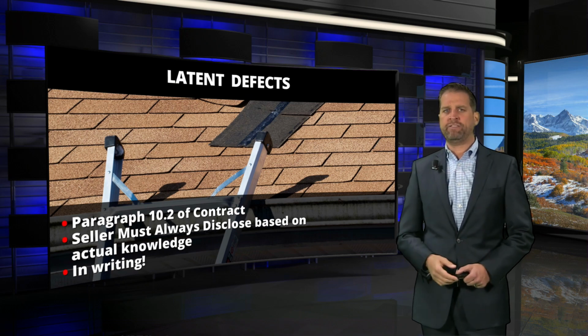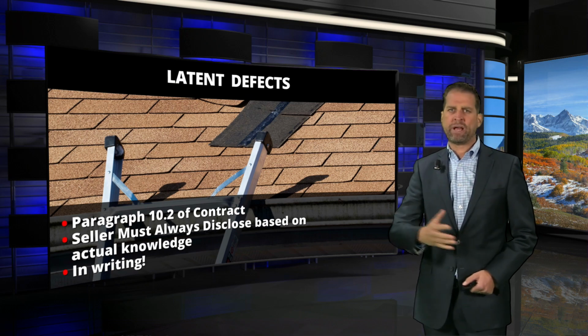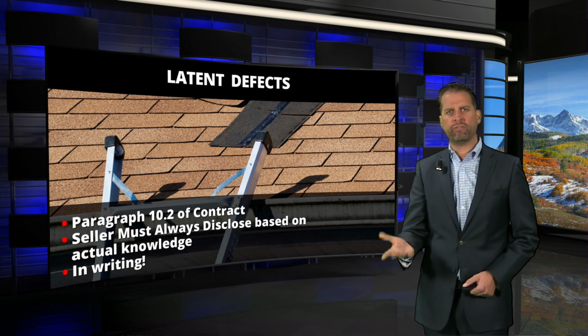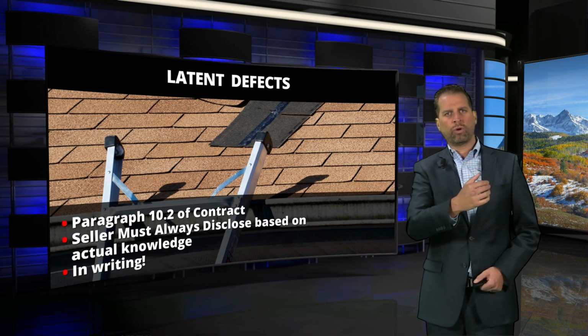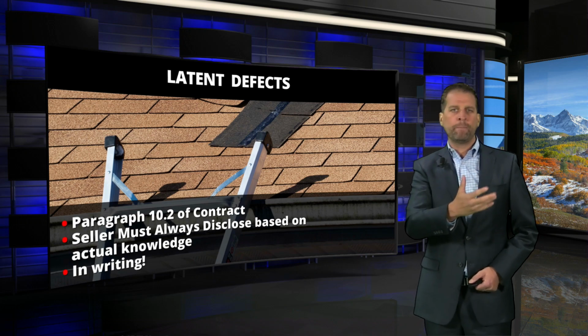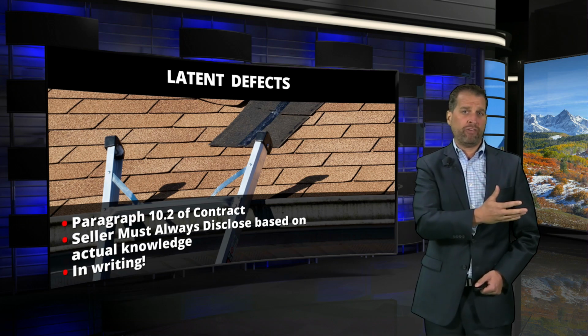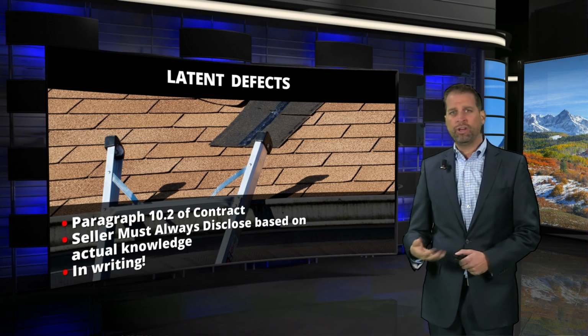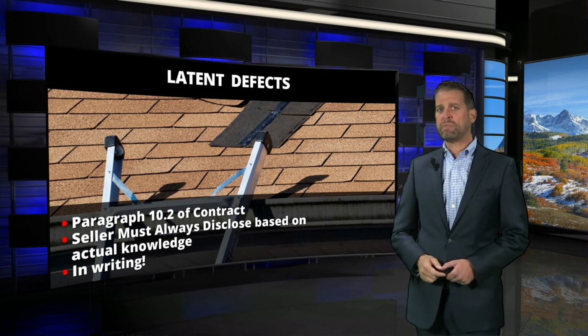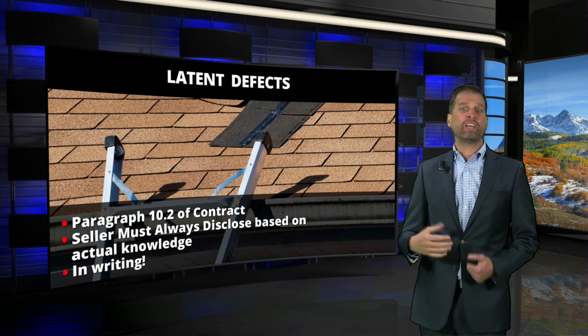They're not obvious defects that a buyer, upon their own inspection and investigation, would just happen to see or find. A missing ceiling fan or a dangling ceiling fan is certainly a defect, but it's a patent defect.